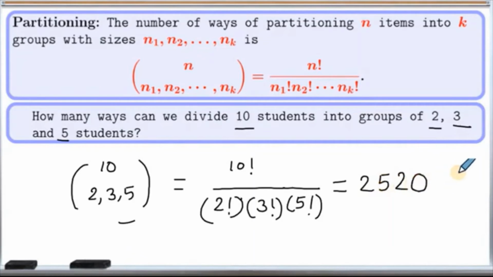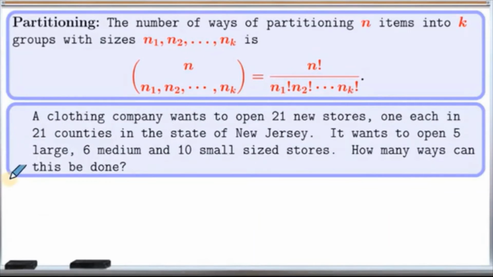So let's look at one more example here. A clothing company wants to open 21 new stores, one each in 21 countries in the state of New Jersey. It wants to open 5 large, 6 medium, and 10 small-sized stores. How many ways can this be done?